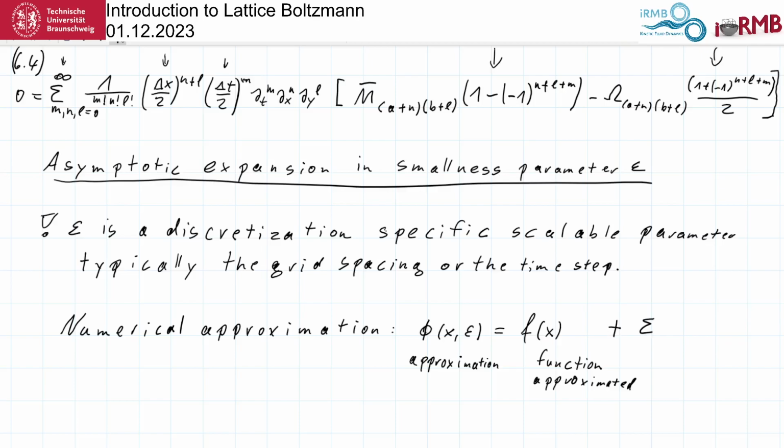And in order for this to be an approximation, the error has to fulfill some properties, namely that you can write it as a series expansion of the smallness parameters. So there's a series of error terms.